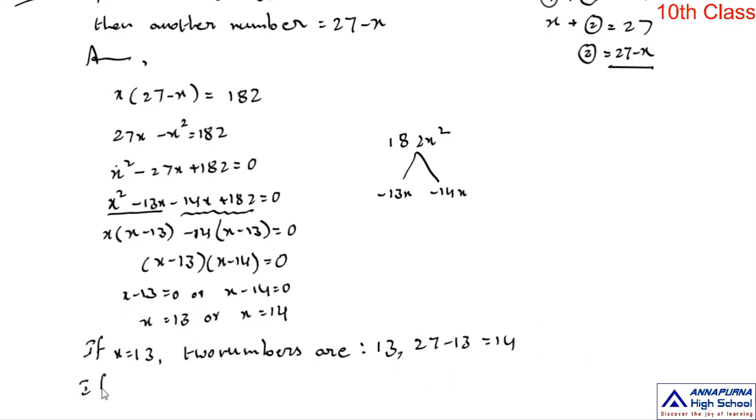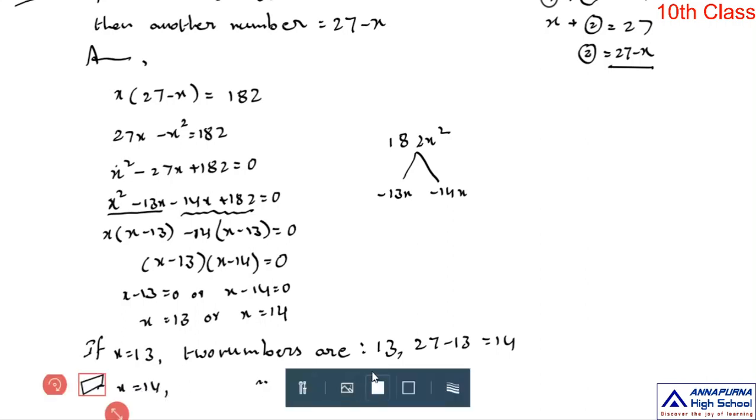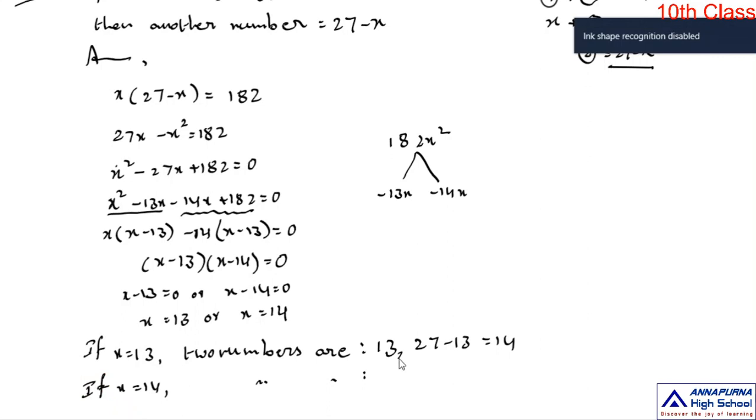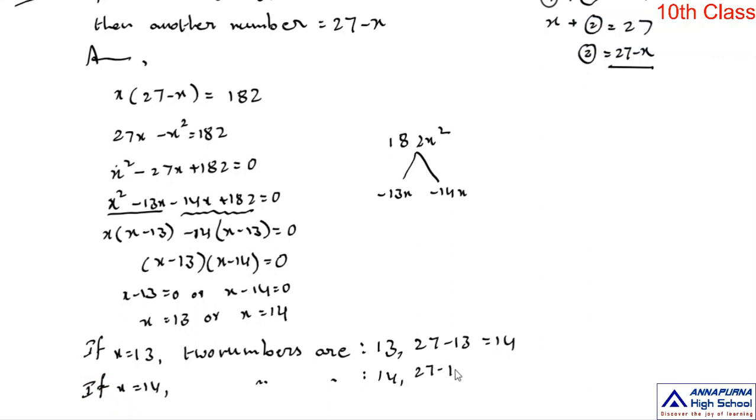If x is equal to 14, then the two numbers are 14 and 27 minus 14, which is equal to 13. So therefore the two numbers are 13 and 14.